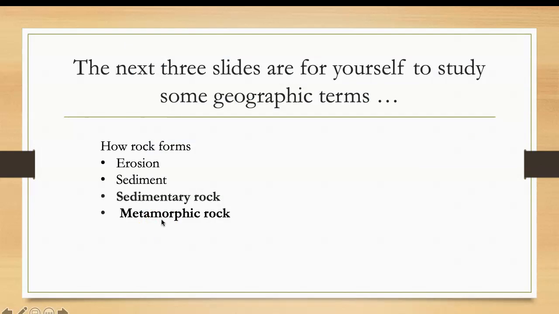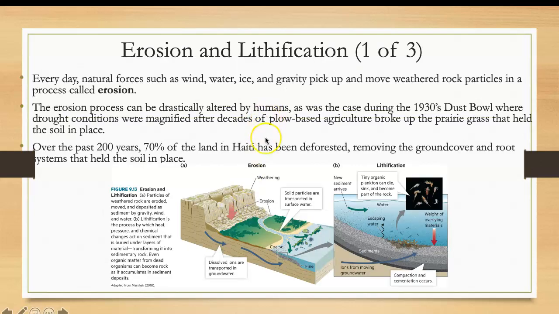And please review these 3 slides for yourself, so you know what is erosion, what is sediment, what is sedimentary rock, and metamorphic rock. Just to quickly mention, we're going to talk about this more, so I'm not going to talk about erosion now, but quickly, erosion is movement of the rock particles and the soil particles.